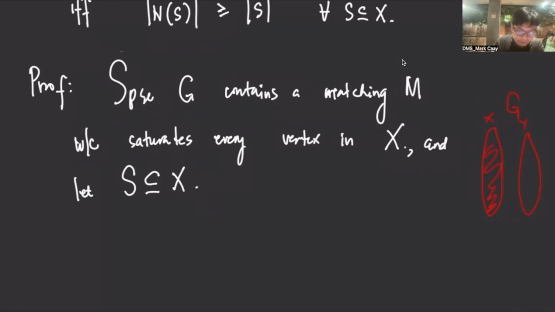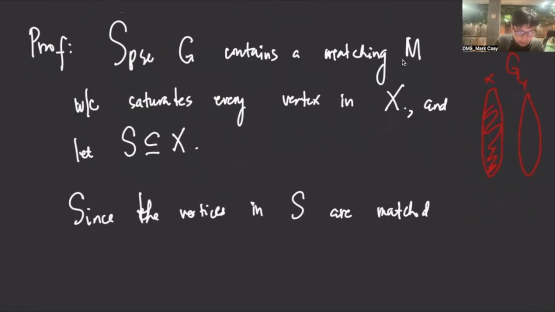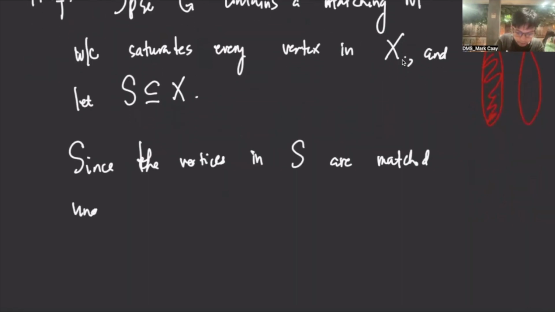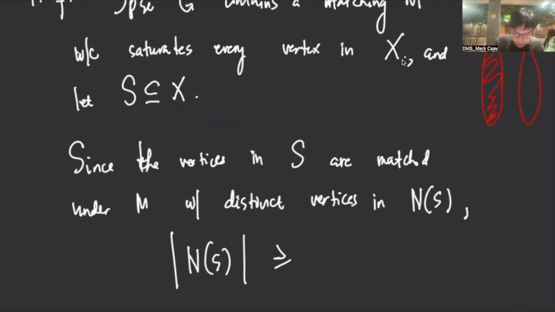Okay. So since the vertices in S are matched under M with distinct vertices in N of S, it follows that the cardinality of N of S is greater than or equal to S.